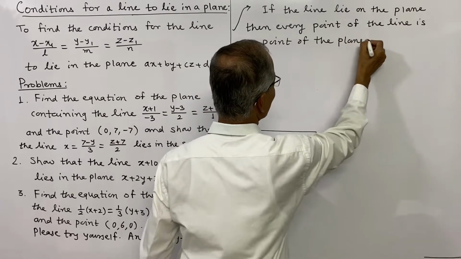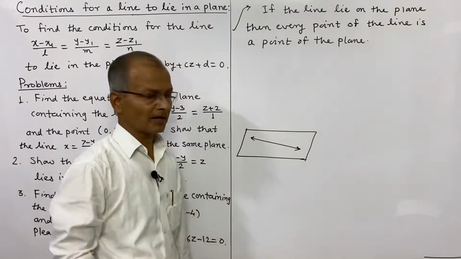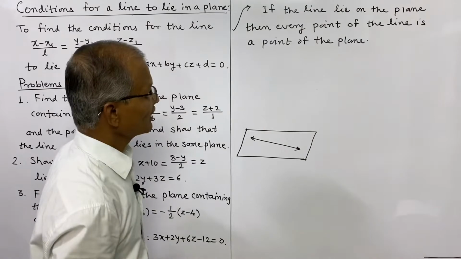The meaning is simple: if the entire line is in the plane, then every point on the line is also a point of the plane.